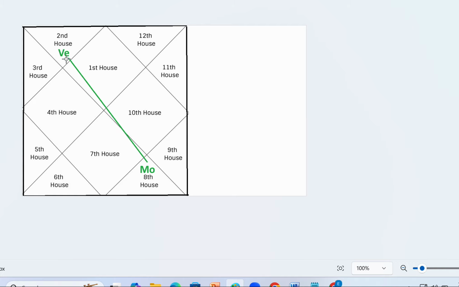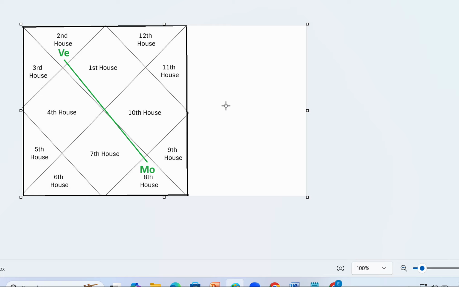Yes. Okay. Now Moon is sitting in Vrishchika, giving an aspect to Venus. Kiran sir, can you give me the predictions of this particular combination? I think Moon is debilitated here. Very good.